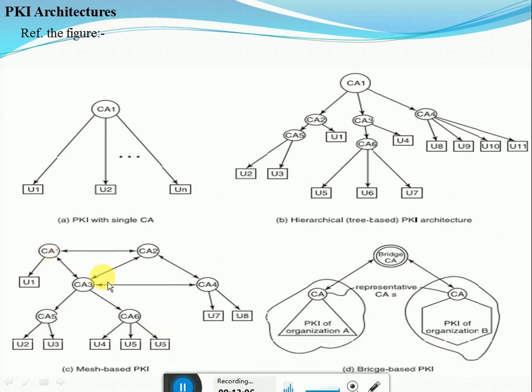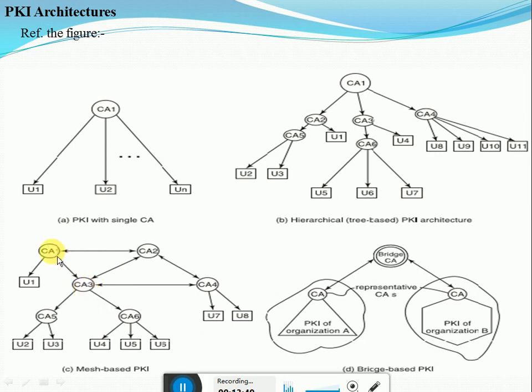This architecture is based on mutual trusting of these certifying authorities. CA1 is trusting CA2, and CA2 is trusting CA4 as well as CA3. And in turn CA2 is also trusting CA1. These bidirectional arrows are indicating the trust between them.